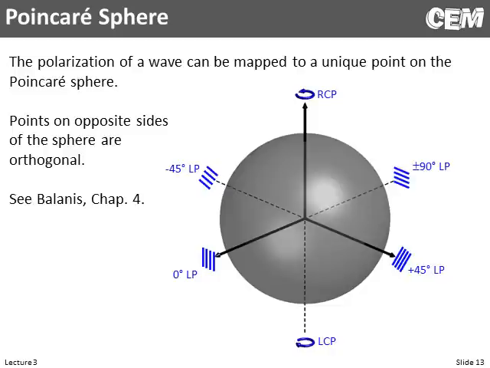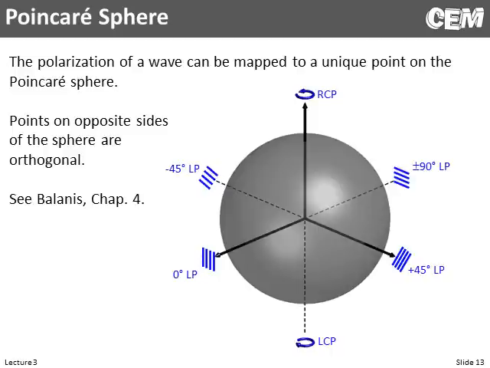If we go around the opposite side of the circle, it's 90 degrees rotated. And that'll be 135 degrees rotated, right? And then back to 0. So you can think of the polarization rotating and doing a 360 as it goes all the way around.